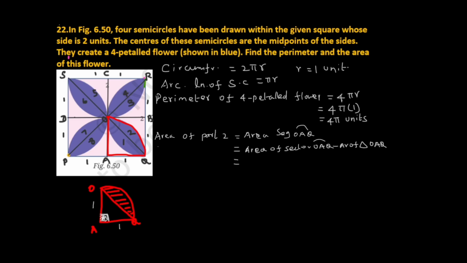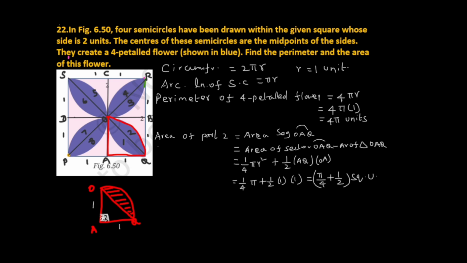So the area of the sector with 90 degrees, that is the quadrant, 1 by 4 pi r squared, minus 1 by 2 base into height. Base is AQ and height is AO. Now 1 by 4, radius r is 1 unit. So 1 by 4 pi minus 1 by 2, AO is 1 unit, AQ also 1 unit. So pi by 4 minus 1 by 2 square units. This is the area of part 2, one part of the petal.